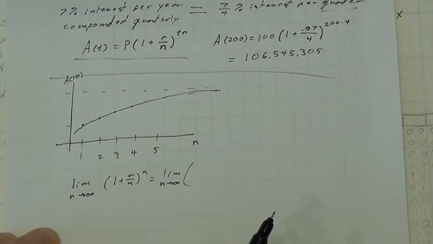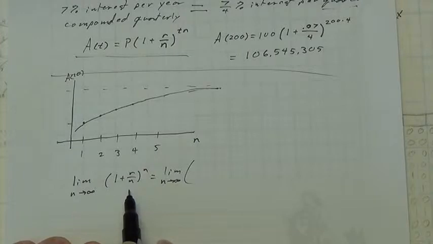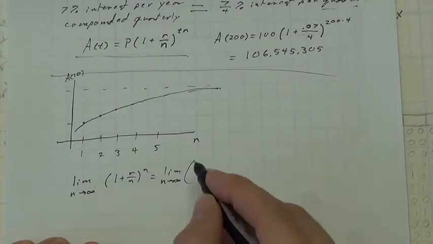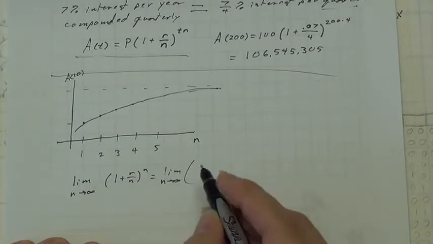We can use Pascal's triangle and a little bit of combinatorics to write this out, and I probably have another video on that. If I don't, I'll probably have one soon.